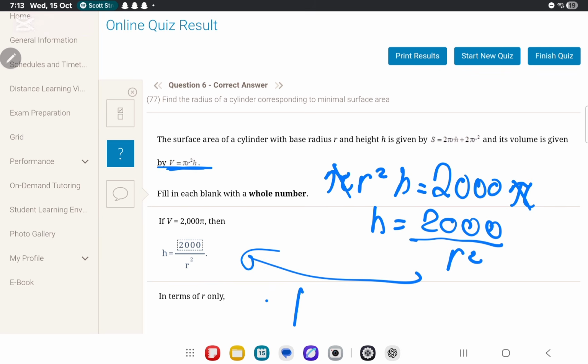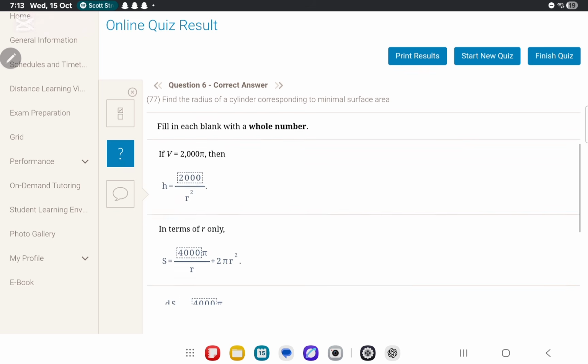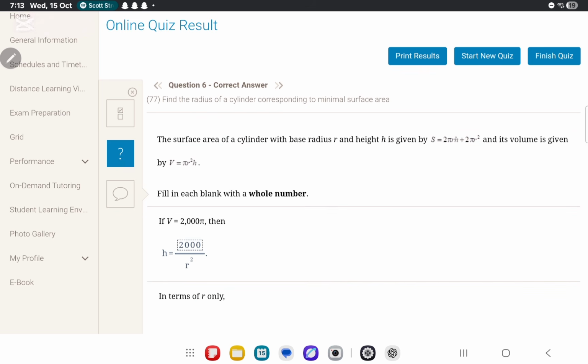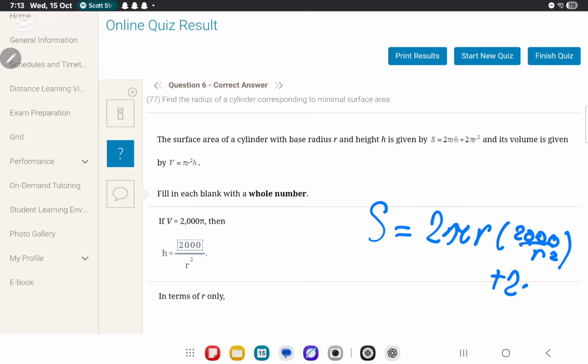See, I'm doing exactly what they want you to do always, which is expressing one in terms of the other. Now they want you to find s. S is the surface area, so s equals 2 pi r times h, which we found is 2000 over r squared, plus 2 pi r squared.